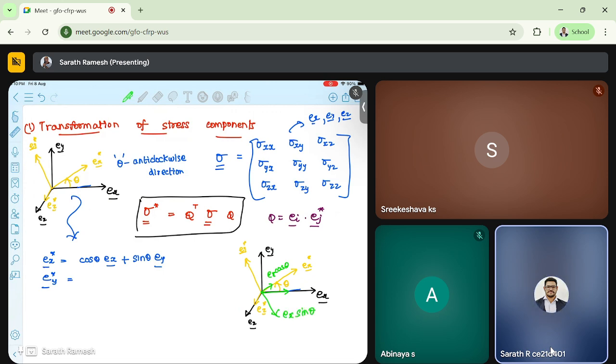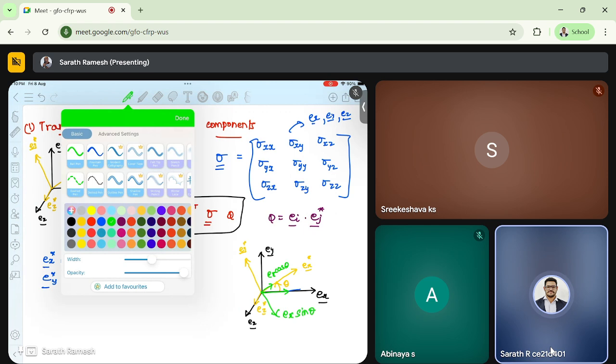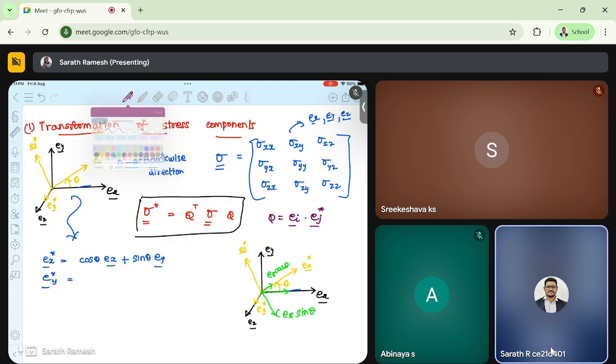Similarly, Ey will have two components: Ey cos theta and Ey sin theta.